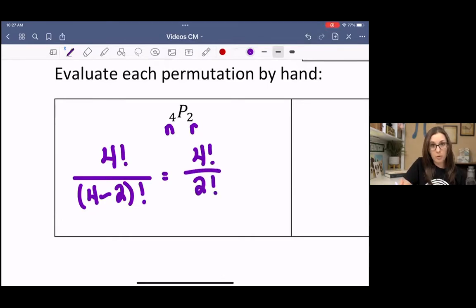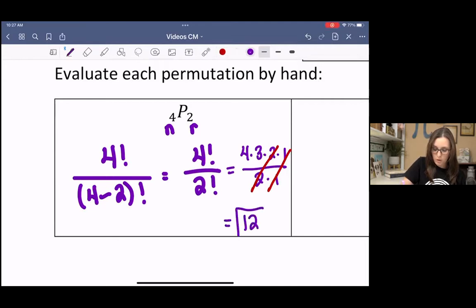Now I can drop the parentheses because I've simplified it already. And then we know how to do this by hand: 4, 3, 2, 1 over 2, 1. And then we divide. So we end up with 4 times 3, which is 12. So if we had a situation where 4 classmates wanted to take a picture and we only had room for 2 at a time, you would have 12 different ways to arrange the two classmates.